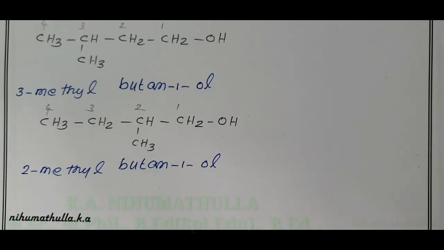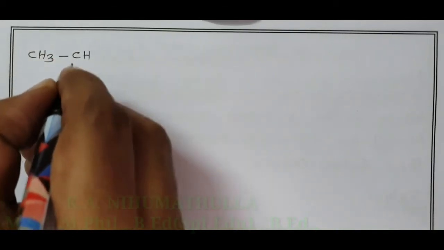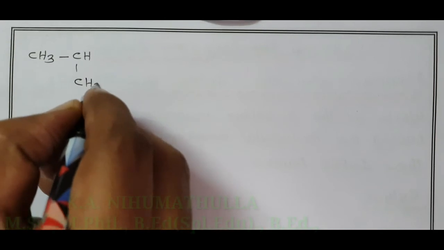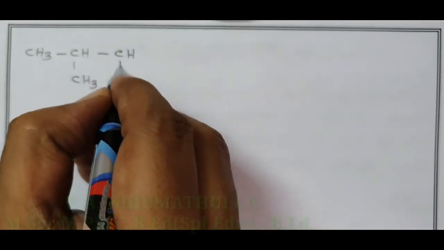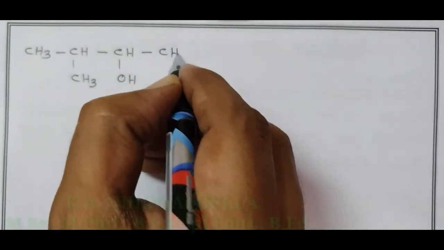Now, one more compound, isopropyl and secondary alcohol: CH3, CH, CH3, then CH, OH, CH3. Total number of carbon atoms is 5.